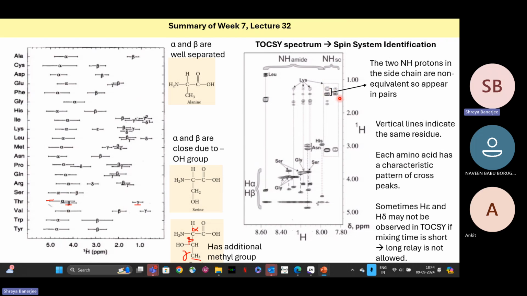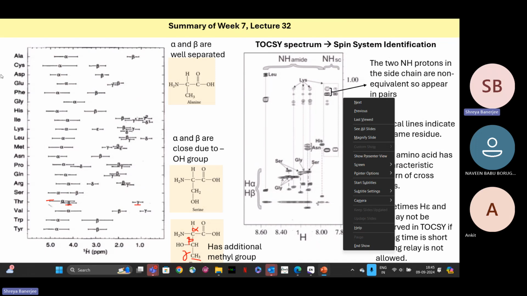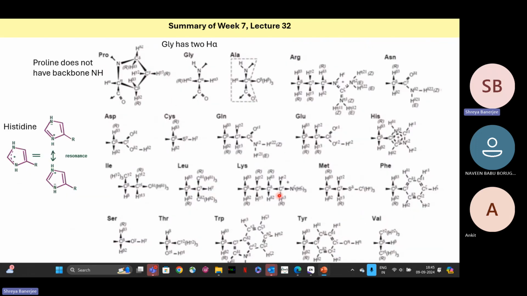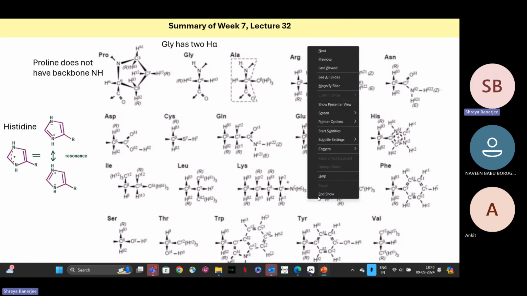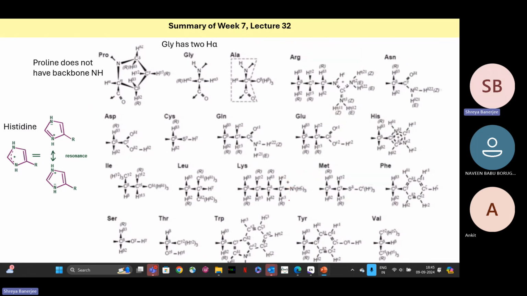Even lysine also has an NH side chain. If you look at the lysine side chain, this is charged lysine. Neutral lysine will just be NH2.